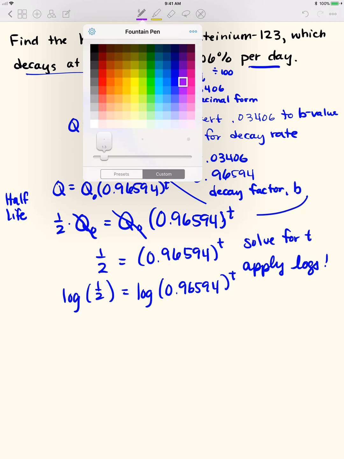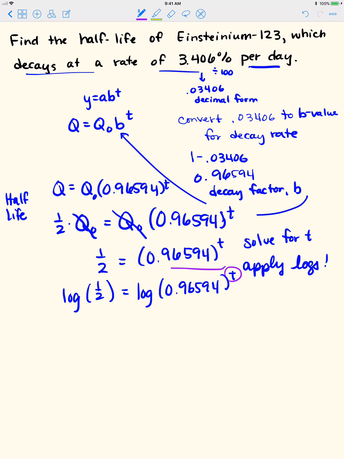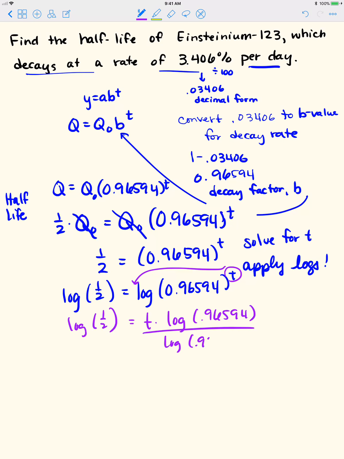And again, we can take that t exponent, bring it out front as a product, t times the log of 0.96594 equals the log of 1/2. You could split apart the log of 1/2 if you're trying to be exact, but I don't think this is one where you have to be exact. So we'll divide both sides by the log of 0.96594 in that order.